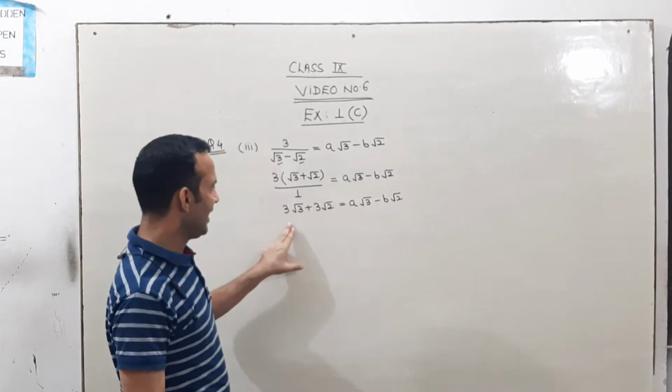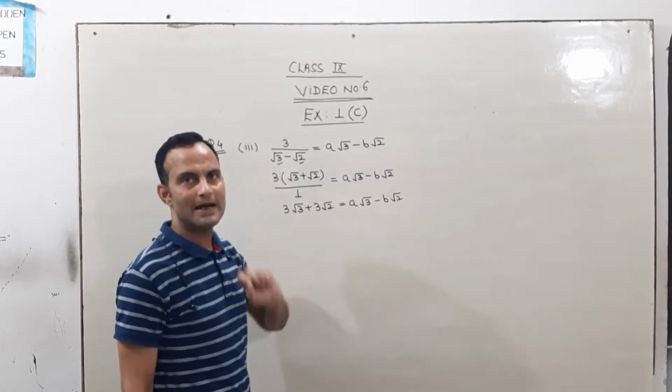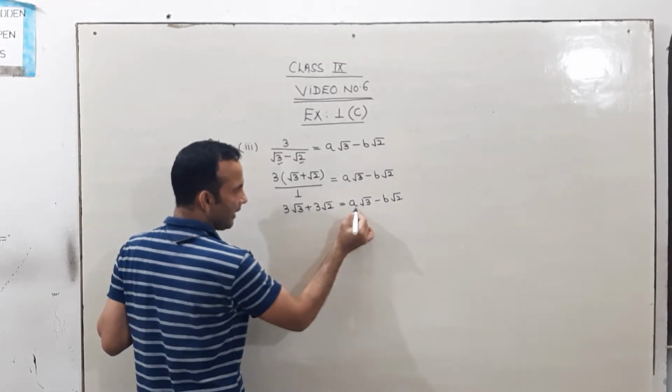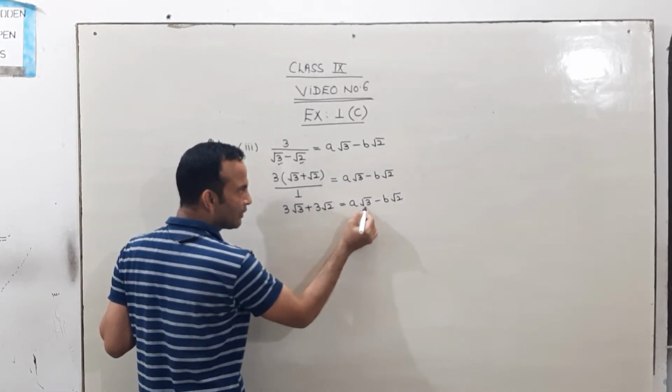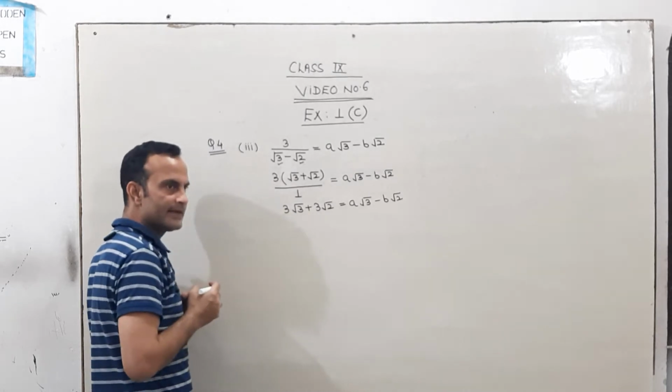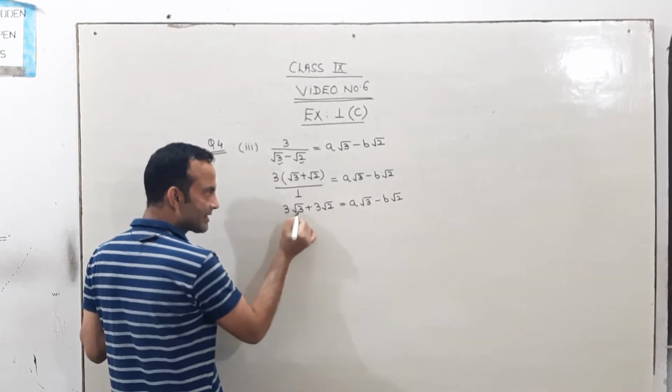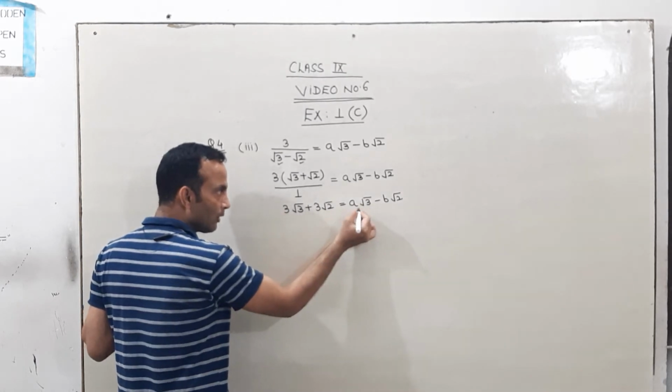Now you have to write, on comparing both sides: a is linked with root 3, and here 3 is linked with root 3.